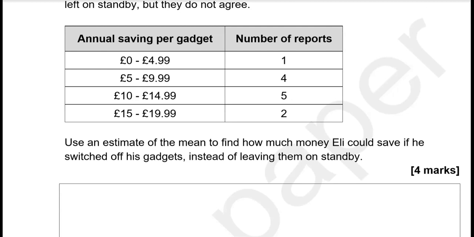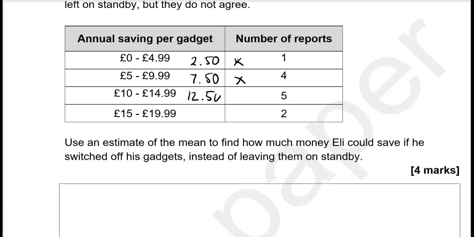So between 0 and 4.99, we'd have 2.50 and then multiplied by 1. And then the midpoint between 5 and 9.99 is going to be 7.50 multiplied then by 4. Between 10 and 14.99, the midpoint will be 12.50.